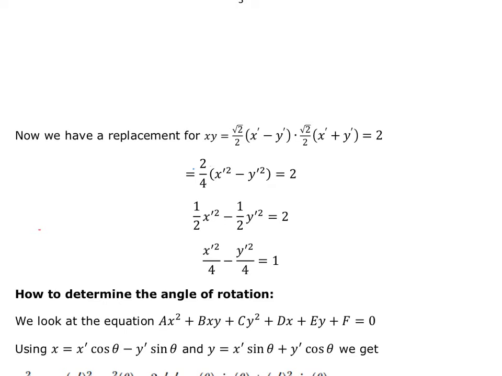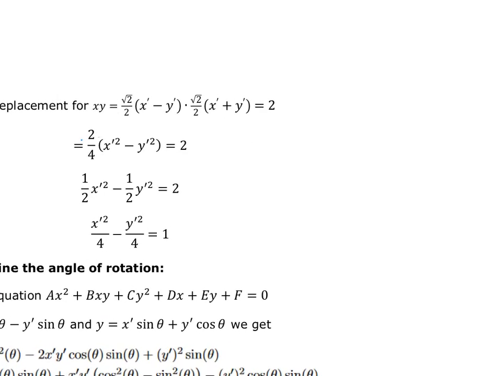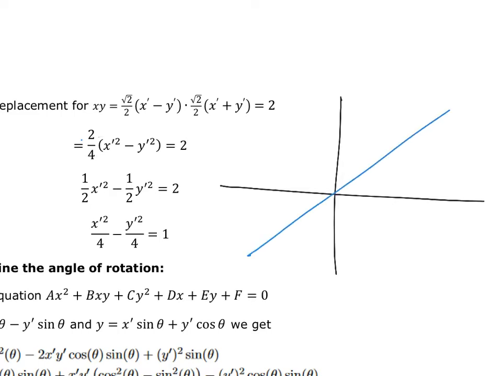And the reason is because at this point, I'm going to go over here and graph it on the rotated axes. Here's my original axes. My rotation is a 45. So here is where x prime went to, and here is where y prime went to.